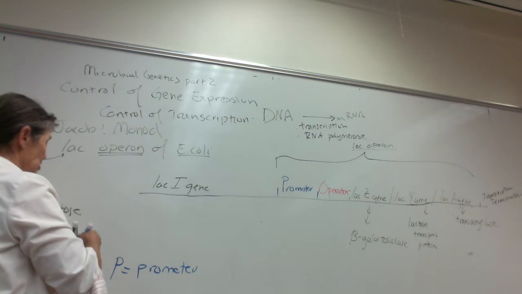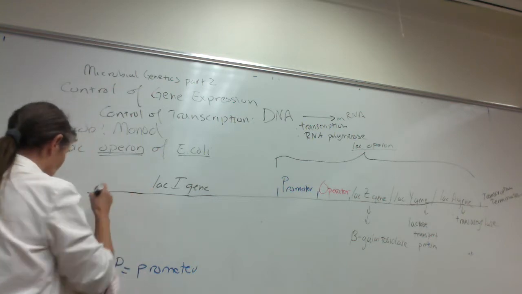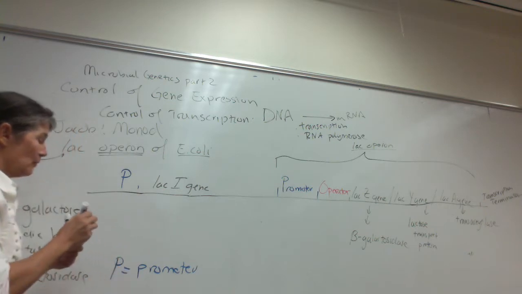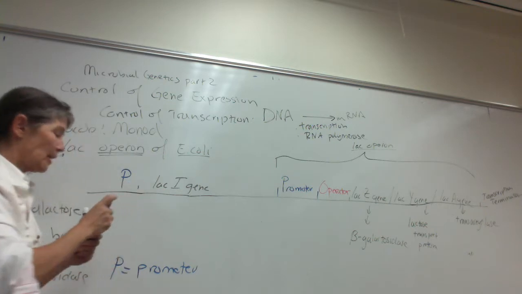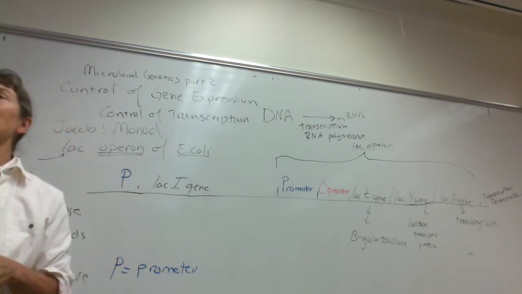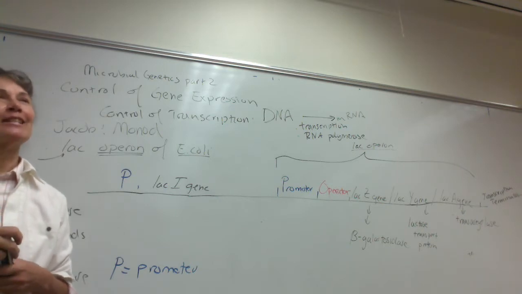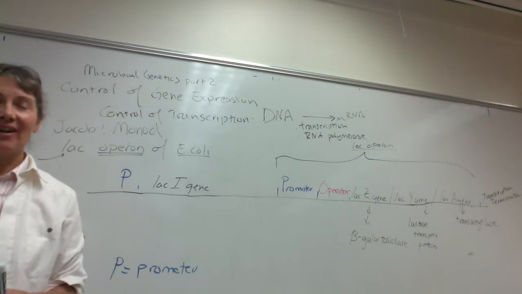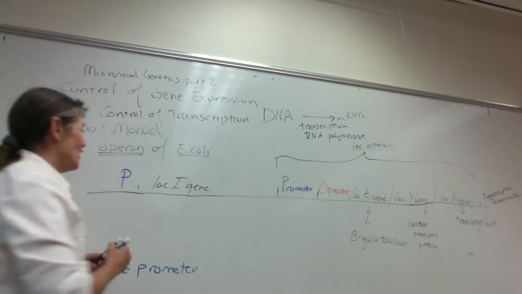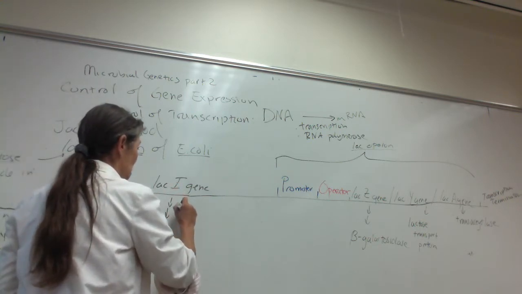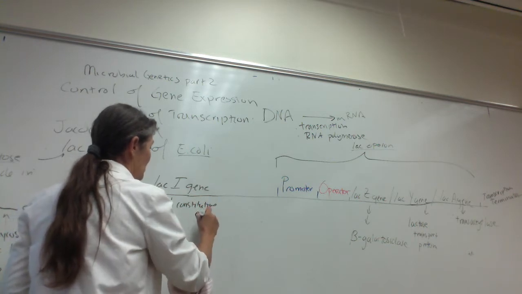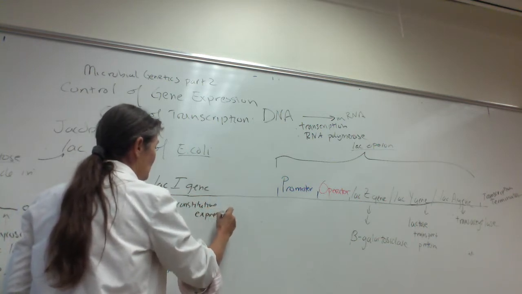So the Lac I gene has a promoter, right? Here. And what's interesting is the Lac I gene is expressed constitutively. What does constitutive mean? Constantly transcribed, constantly translated, right? So this is constitutive expression, meaning it's constantly being transcribed and translated.